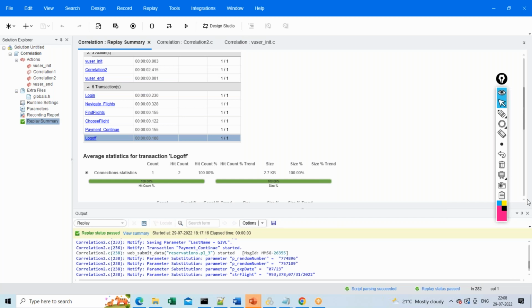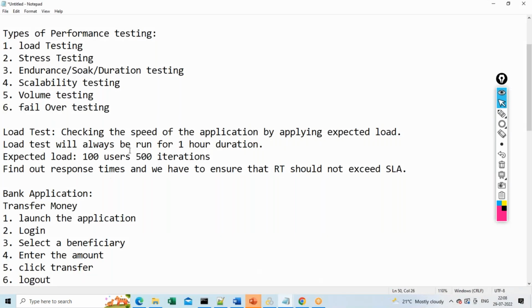Okay, so let me take a few more questions. Again, there is one more question: if we are not able to reach the target, does it mean we need to change the infrastructure? So here the target is 100 users, 500 iterations.